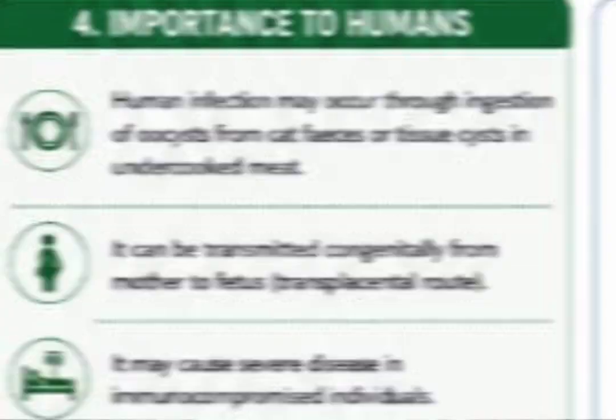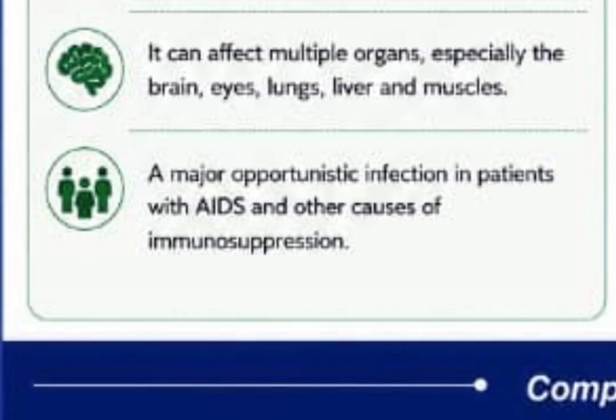It can affect multiple organs because it passes through the lymphatic system. It could affect multiple organs like the brain, the eyes, the lungs, the liver, and the muscle. A major opportunistic infection is in patients with HIV. I told you, in patients with HIV, they are much more susceptible because their T cells are down. And remember, T cells are usually prime in helping us destroy antigens through the antigen presenting cells, which are the macrophages, the neutrophils, all of them.